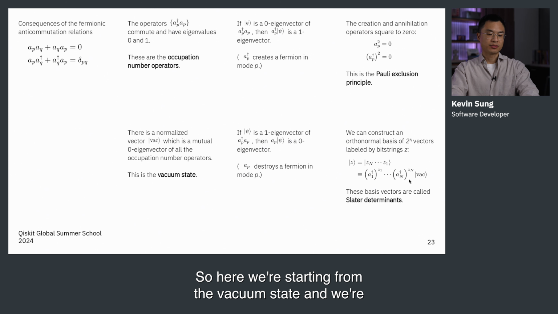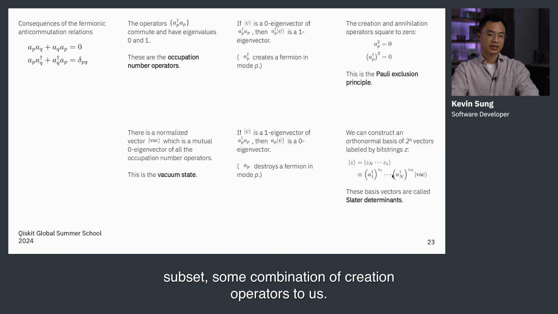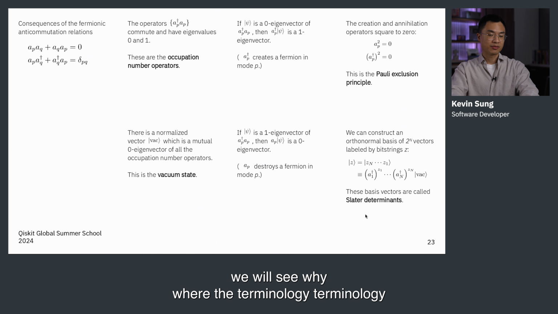So here, we're starting from the vacuum state, and we're applying some combination of creation operators to it, creating electrons in various modes. These basis vectors are called Slater determinants. The terminology might sound a bit obscure, but later on we will see where it comes from.